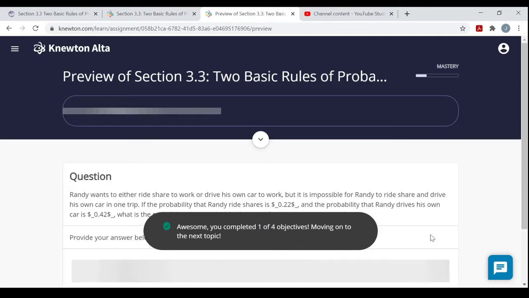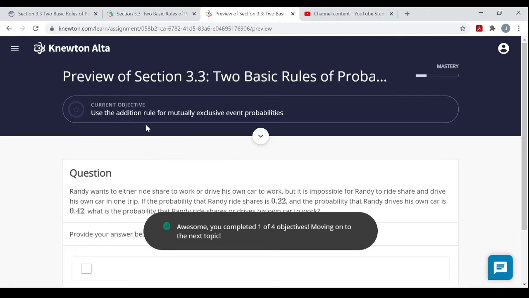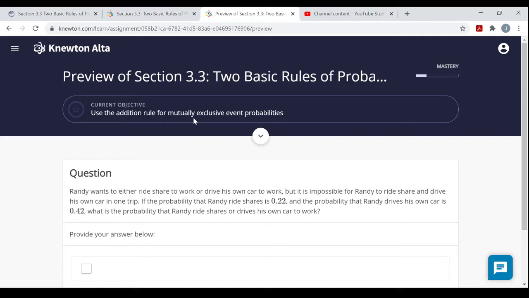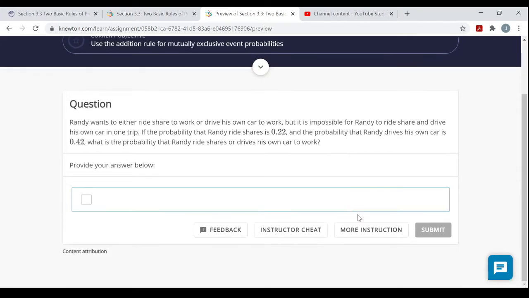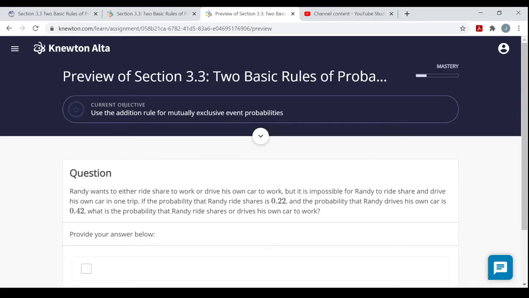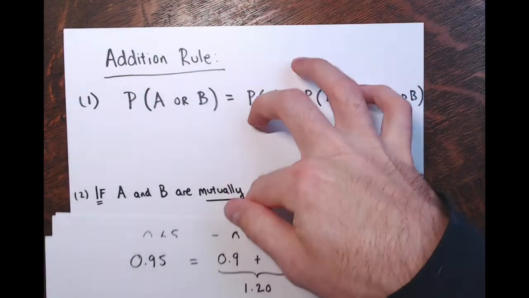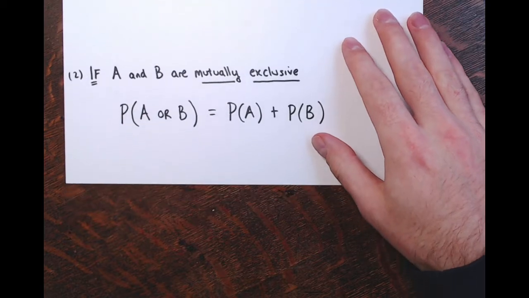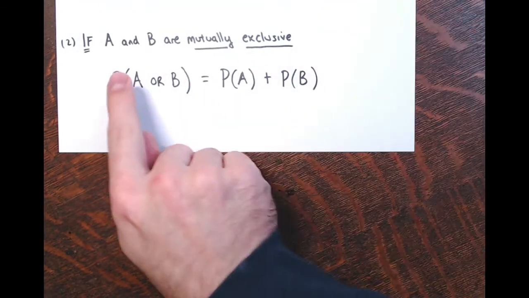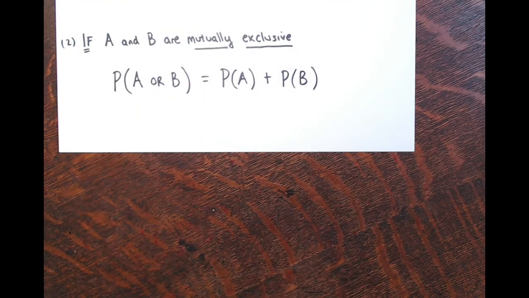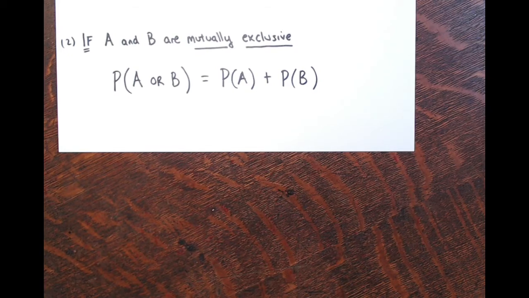All right, the next one that pops up here says use the addition rule for mutually exclusive events. Now, you could click on more instruction, but I've already shown you that rule, and I've already discussed it a little bit. That's this rule here. If events A and B are mutually exclusive, that means they can't happen at the same time.